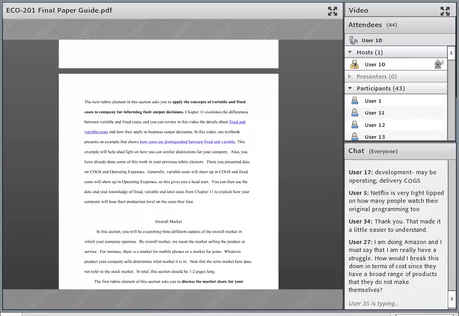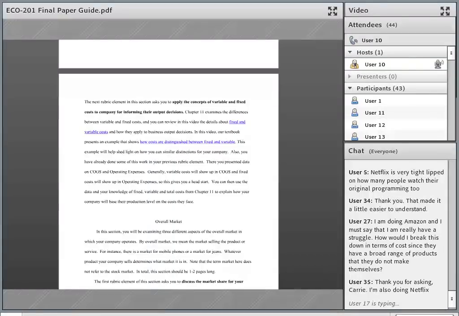All right, so we've sort of talked about this a little bit already with some of the examples that people brought up. But the second element under cost of production is to apply the concepts of variable and fixed costs to the company for informing their output decisions. So like we were just discussing, different companies have different kinds of costs.